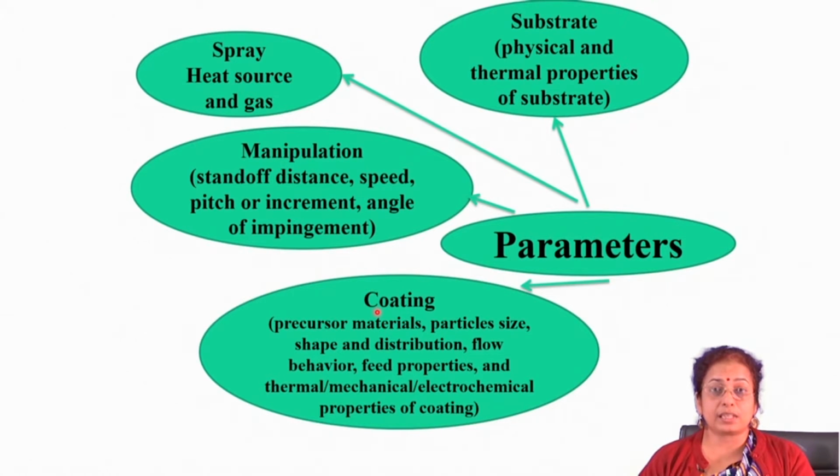So, all coating techniques, as I mentioned here, are not applicable for all kinds of coating. For example, if you are interested to coat ceramic materials, you have to opt for the plasma spraying technique. If you are interested to coat low melting metallic materials, for example zinc, aluminum or maybe tin coating, then you have to opt for the flame spraying technique.